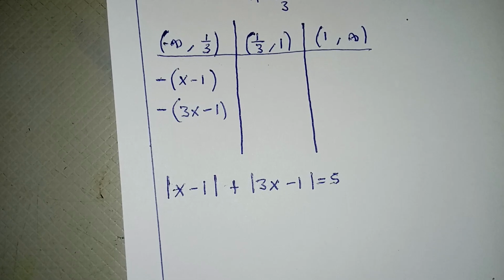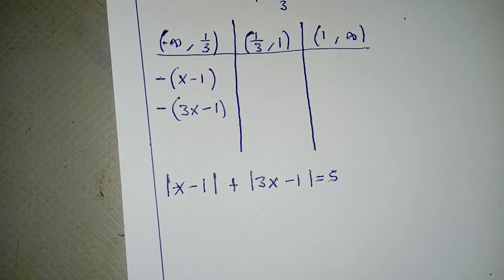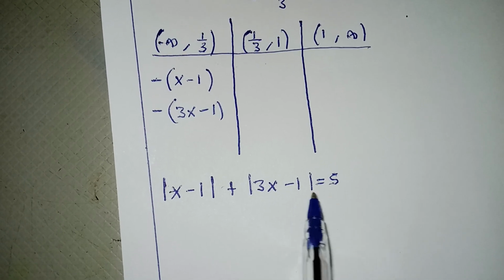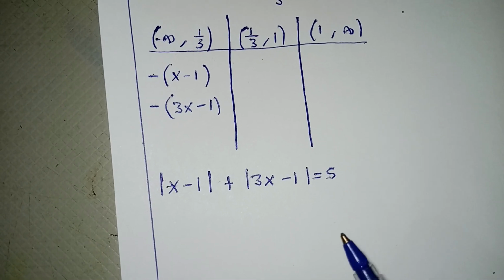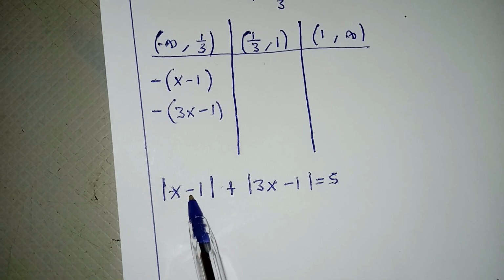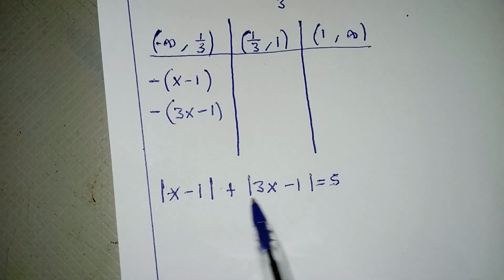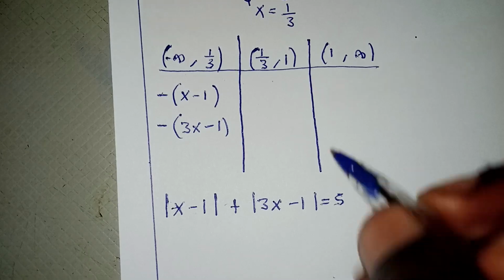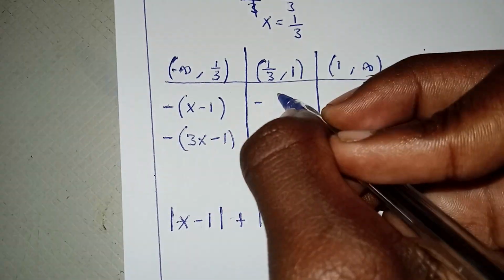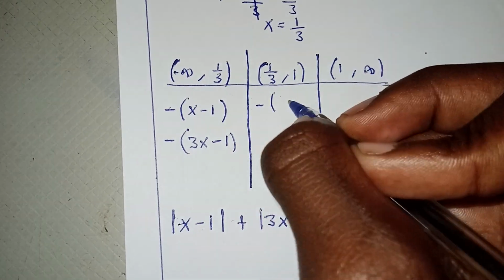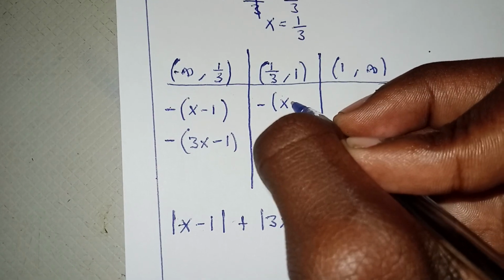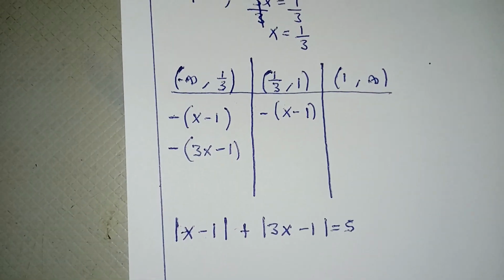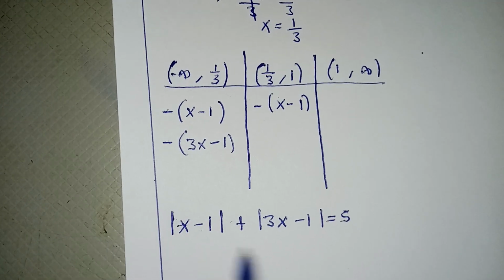If you put 0 where there is x, it will be negative 1 here. If you put 0 here, it will still be negative 1. Therefore, this will be negative 1. So you can say negative x minus 1, like this, because you know this will be negative.